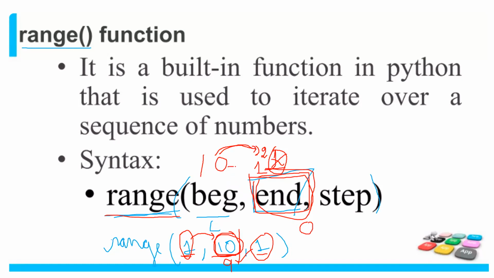But it will run from 10 to 1 only if for the stepping you are writing -1. It tells the for loop or the range to move from this position to this position in reverse order. So at that point of time, step is required. Otherwise, step is not always required. I will show you some examples also.